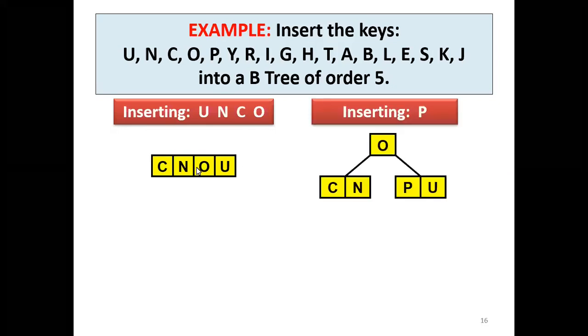When we add P here, we can see that we have violated the properties of a B-tree. To retain the properties of a B-tree, we need to split this node into two and promote the middle. We have to promote the middle data item after inserting P, then split the remaining into two.